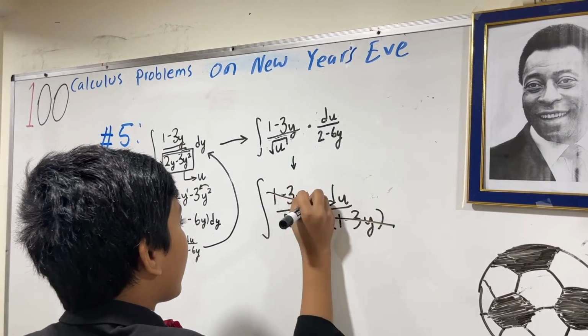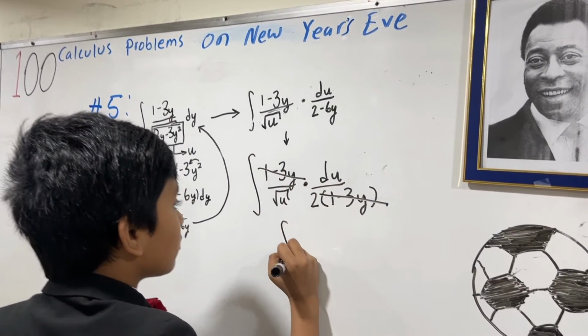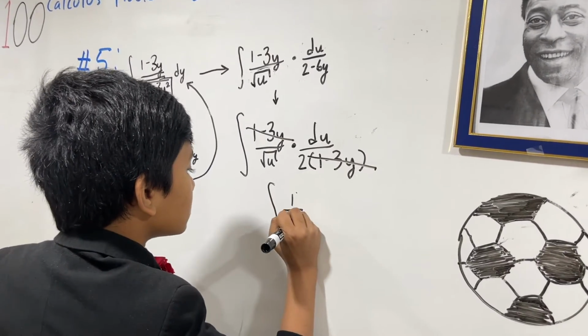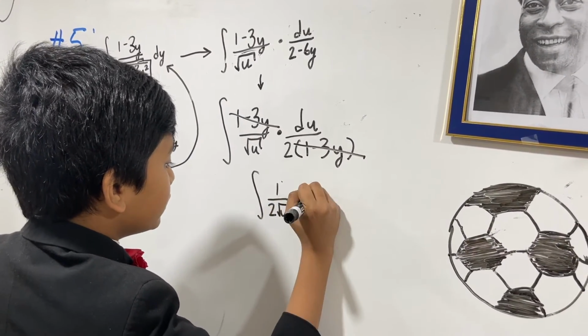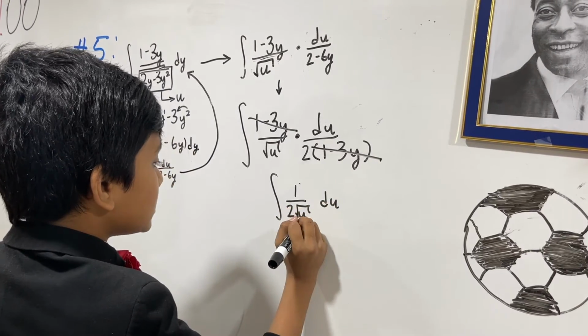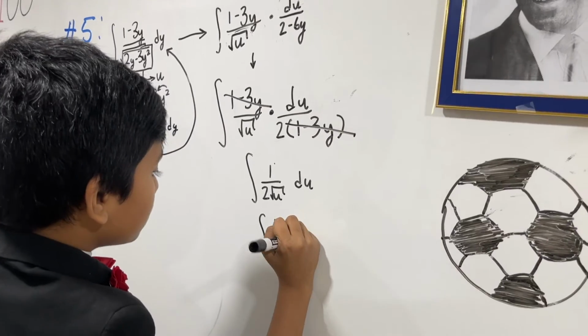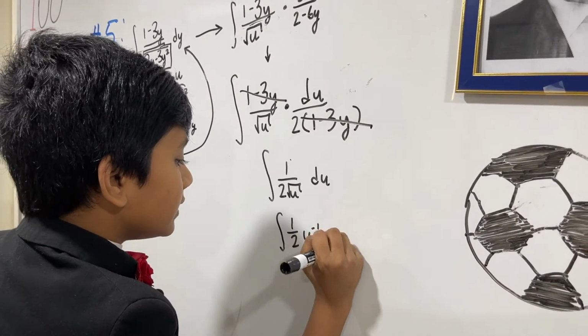Canceling these two out, we get the integral of 1 over 2 square root u du, which becomes the integral of 1/2 u to the minus 1/2 du.